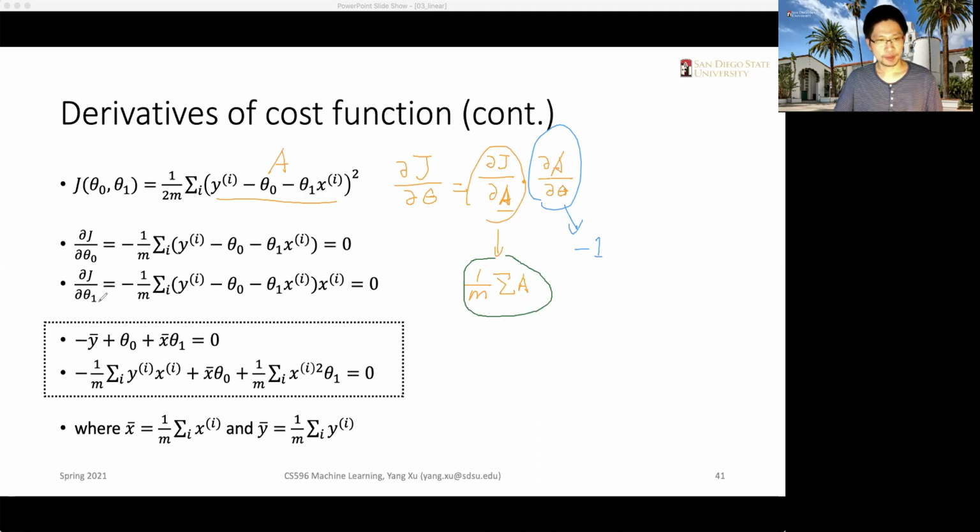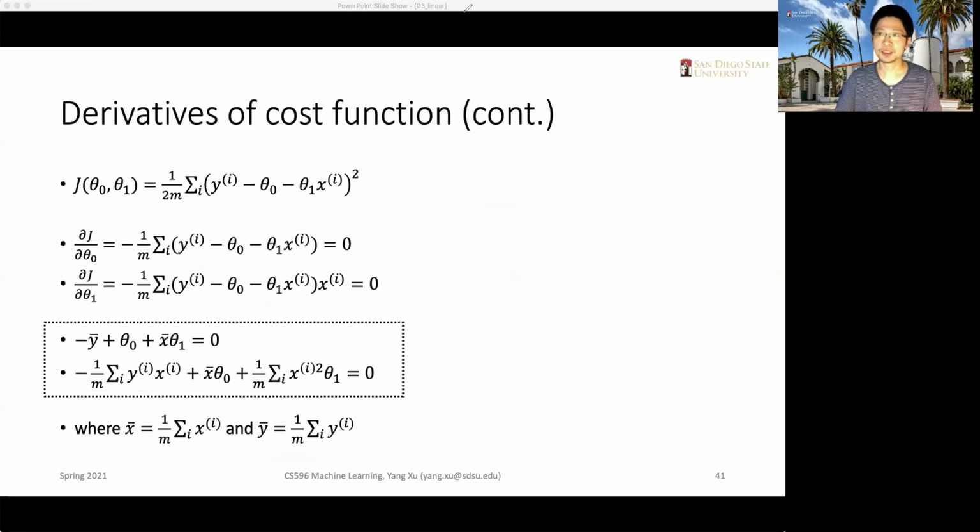So similar calculation for the second equation can be done, which is to compute the derivatives with respect to θ1, which will give you the equations finally like this. Okay, and the x bar and the y bar are actually the mean values of your data, which means they can easily be obtained. So I will finish this slide.